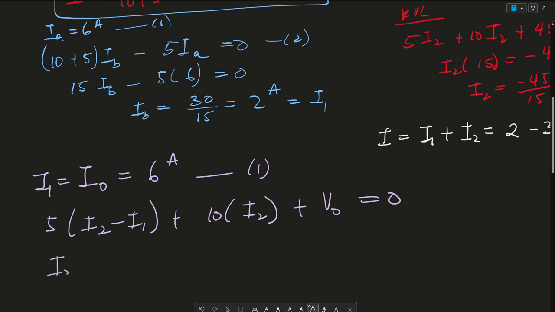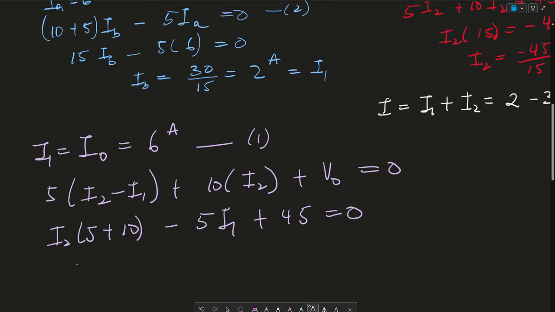If we pull out an I2, we're left with 5 plus 10, minus 5 I1 plus 45 is equal to 0. So this ends up being I2 times 15 minus 5 times 6 plus 45 is equal to 0.